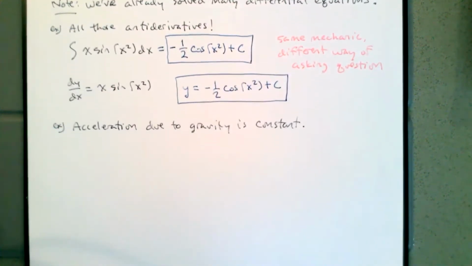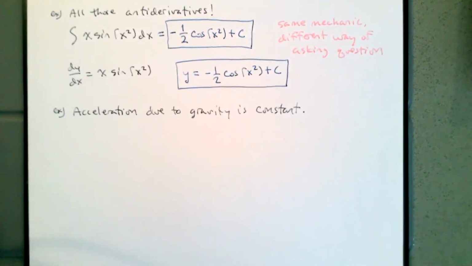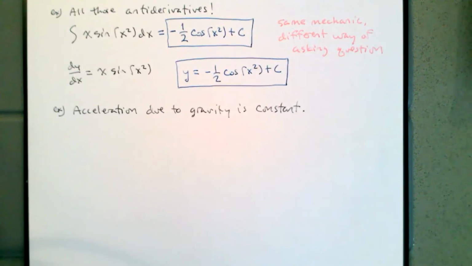With the usual context, as long as we're staying pretty close to the surface of the Earth, acceleration due to gravity is constant. Here's an example of a differential equation. We make this observation, acceleration due to gravity is constant, and we can frame this as a differential equation.